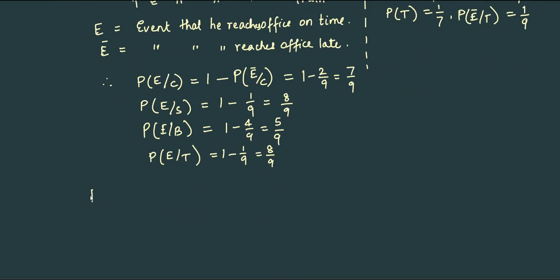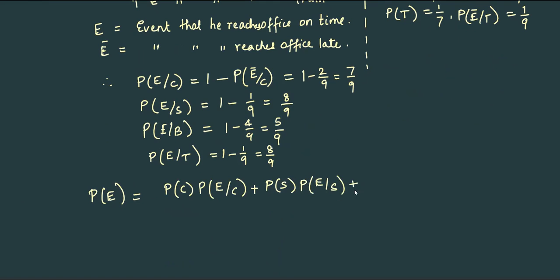So the total probability of his reaching on time is going by car and reaching on time by car, going by scooter and reaching on time by scooter, going by bus and reaching on time by bus, and going by train and reaching on time by train.